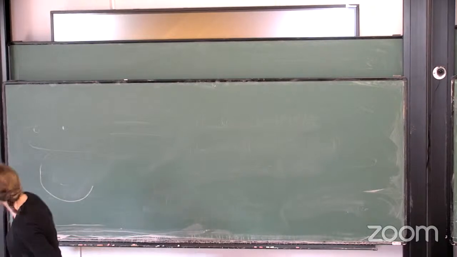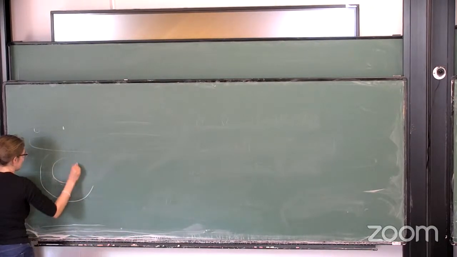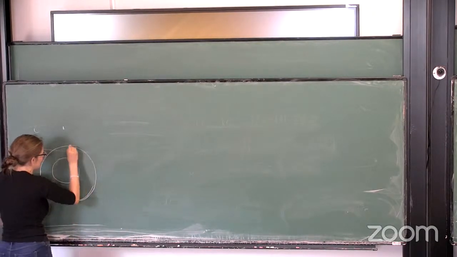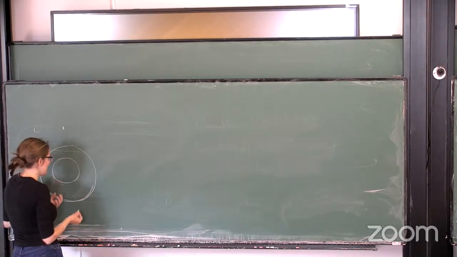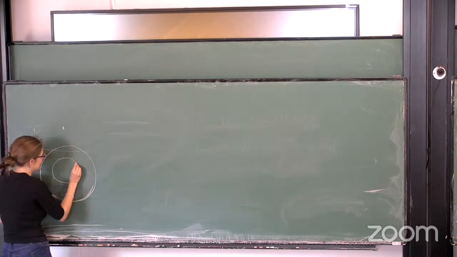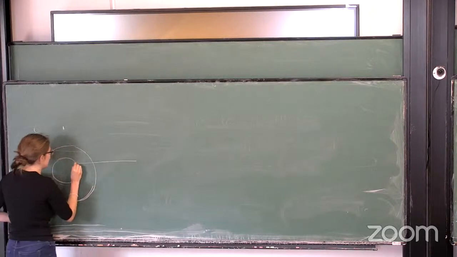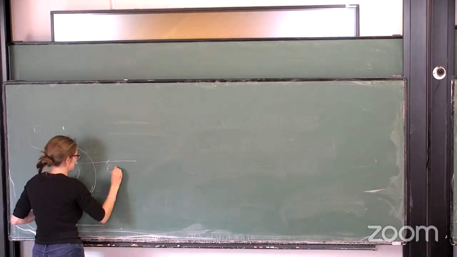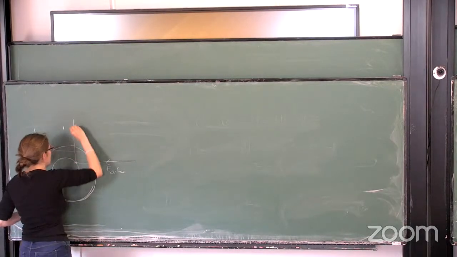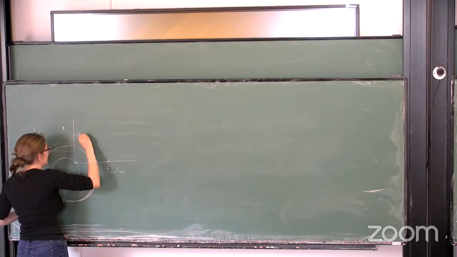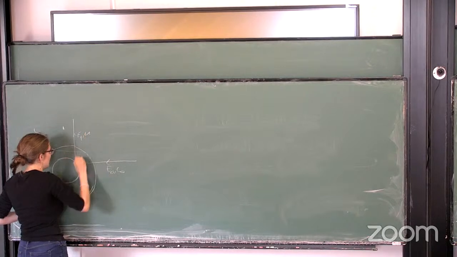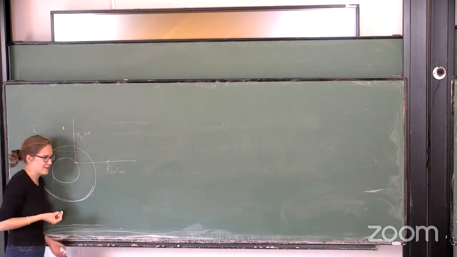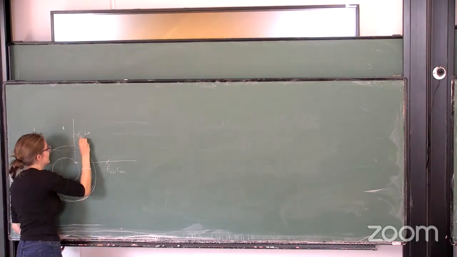So you have your ergosphere. Then you do this decay at the event horizon. And then one will go in. Now I don't have space to draw it anymore.